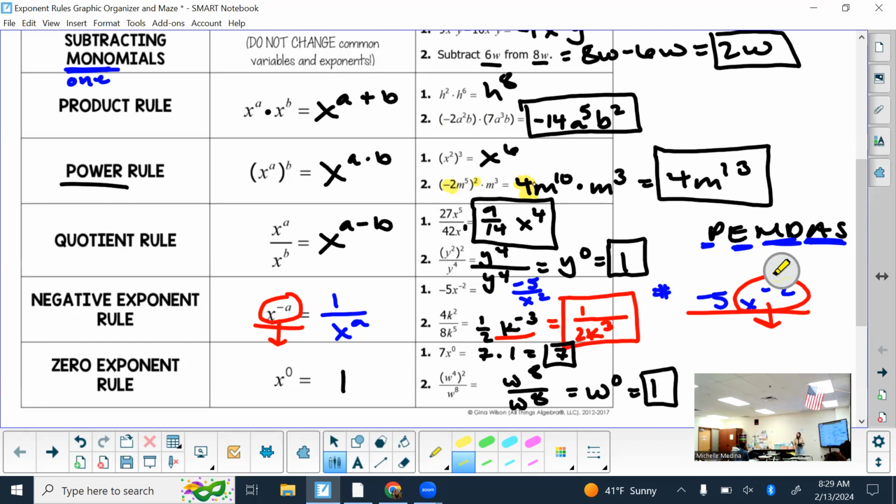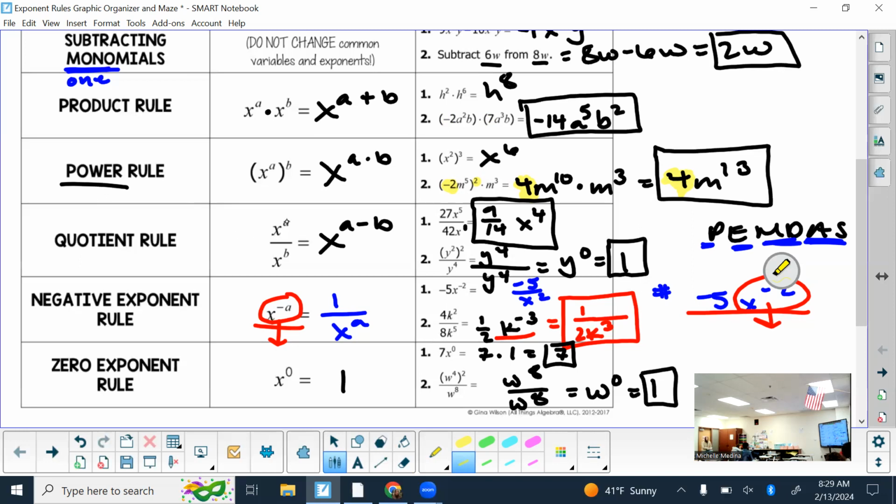I think yesterday we put -2. Just fix that. The final answer should be 4m to the 50. I think that was the only mistake. So coefficients follow the normal thing it's telling you to do. Only the exponents have these special rules.